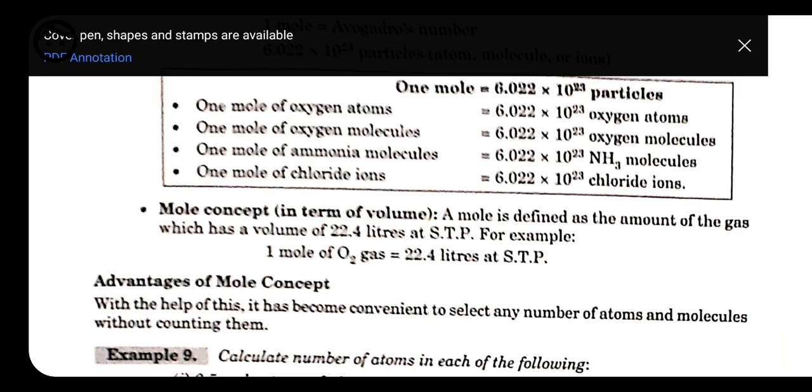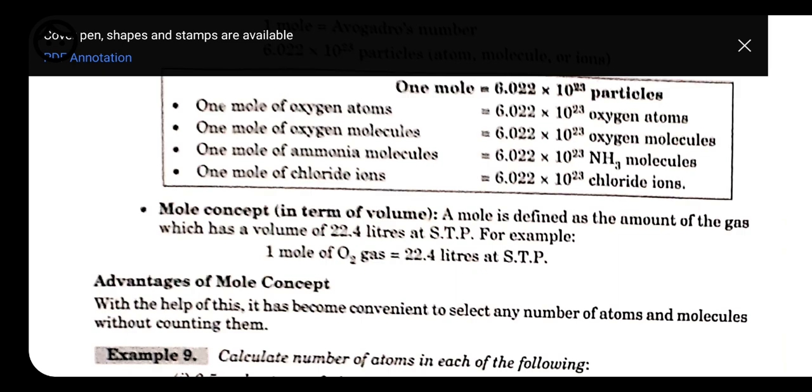Now the mole concept is defined as the amount of gas which has a volume of 22.4 liter at standard temperature and pressure, because most of the things we are talking about are present in the gaseous form. Whatever volume they have taken, we cannot simply measure it, because gases do not have a fixed volume and shape.